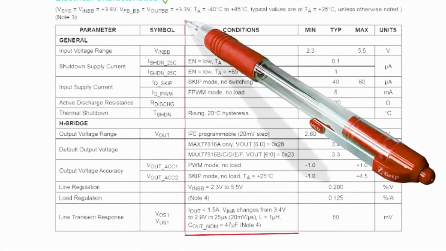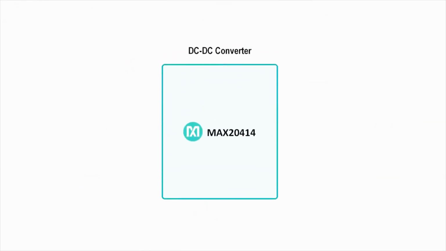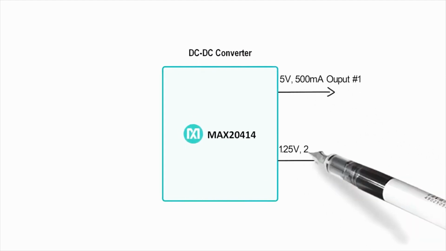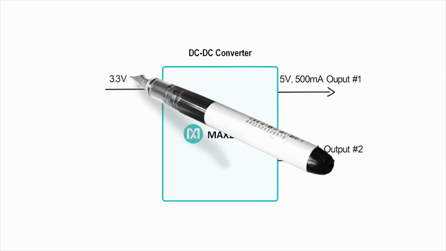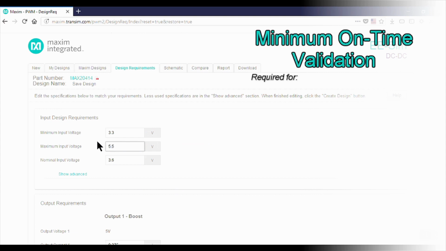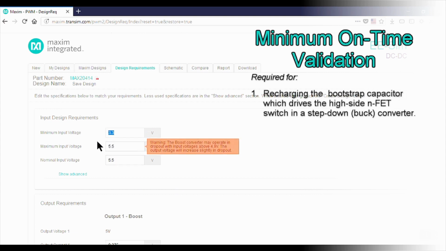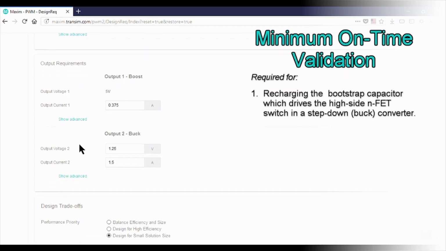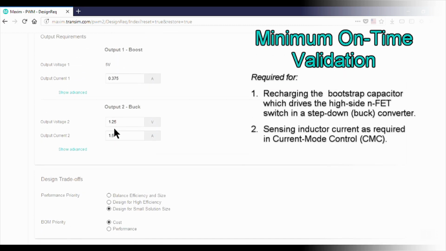To put this into perspective, let's look for a DC-DC converter that supplies 5 volts and 1.25 volts from a 3.3 volt source. Sometimes certain architectures and converters require a minimum amount of time to recharge the bootstrap capacitor, which drives the high side FET switch, properly sense current used for current mode control, and account for blanking time.